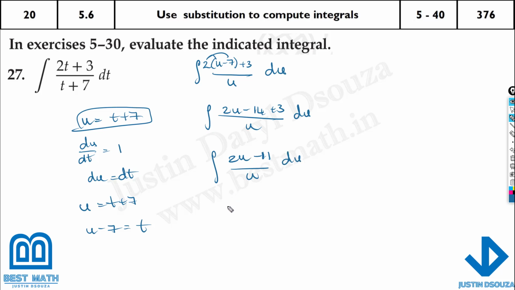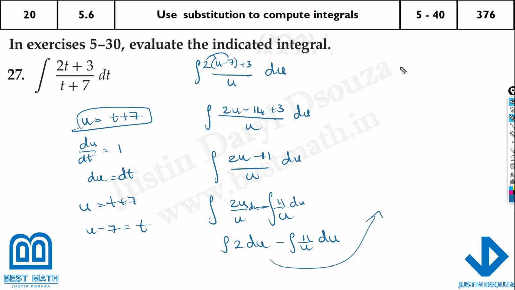Let's split them up. 2u by u minus 11 by u, integral du over here and over here as well. So the first one will be integration of 2 du. The second one will be minus integral 11 by u du. Don't we know how to integrate these both? Absolutely, we can easily integrate them, right?